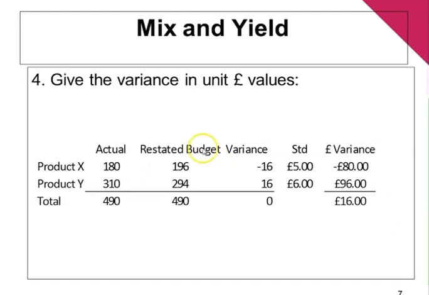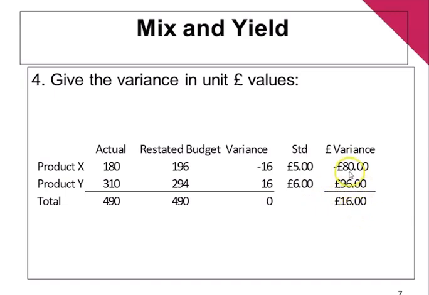Because we've restated the budget, and we've got our actuals, and comparing one against the other creates a variance, we then multiply by our standard profit of £5 for X and £6 for Y. Although we have zero variance in units, we do have an effect on our profits.